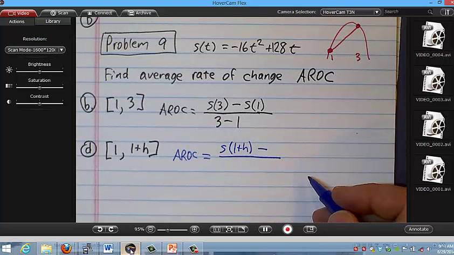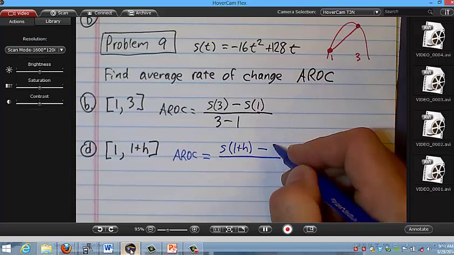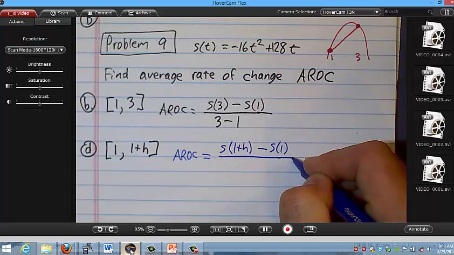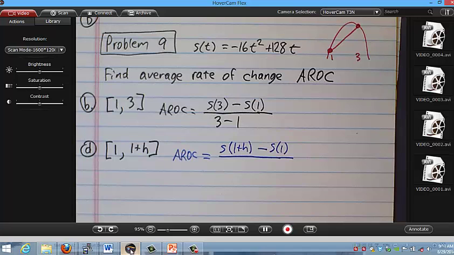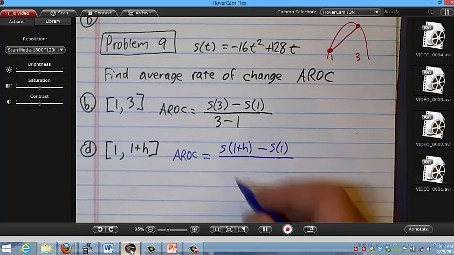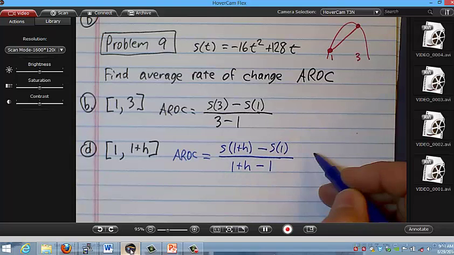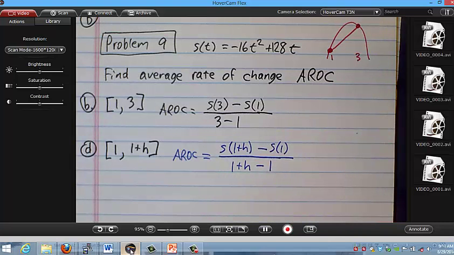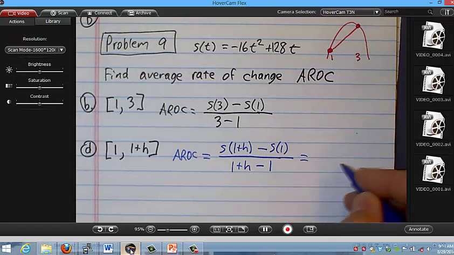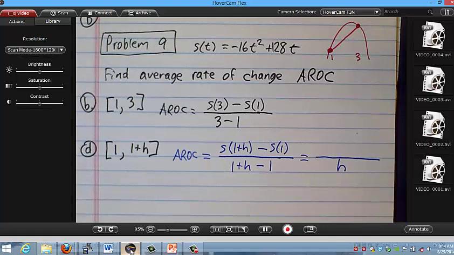Minus something else. S of 1. All over, well, it's going to be 1 plus h minus 1. So someone said it's going to be over h, and you're right. It's going to be over h. Does that make sense?